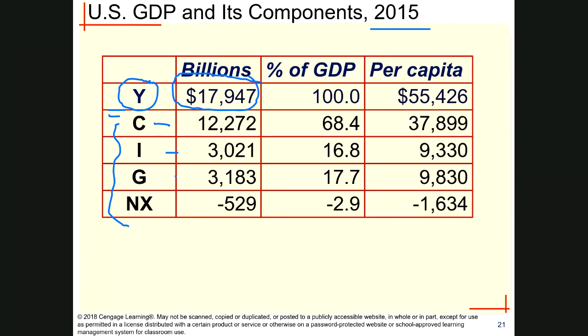If you divide this 18 trillion by our population, maybe 320 million people living here, we get per capita income, which means on average everyone in the US has access to $55,426.